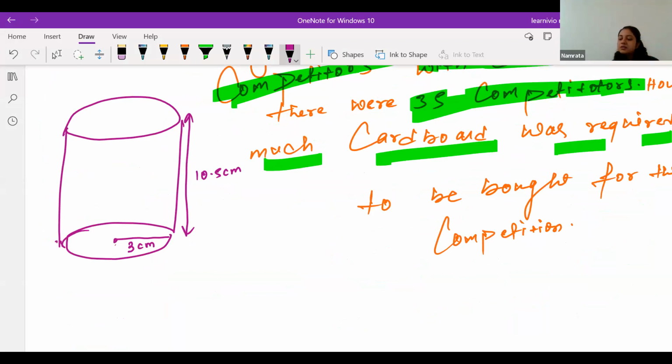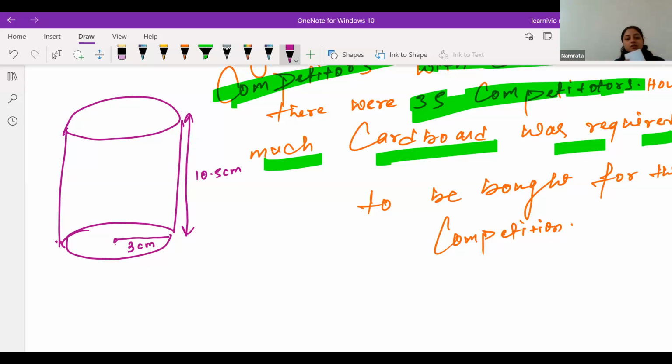Curved surface area means this much, the curved part. But this is hollow, and if I put a pen, it will fall. So only the curved surface area will not work, ma'am. No, total surface area.